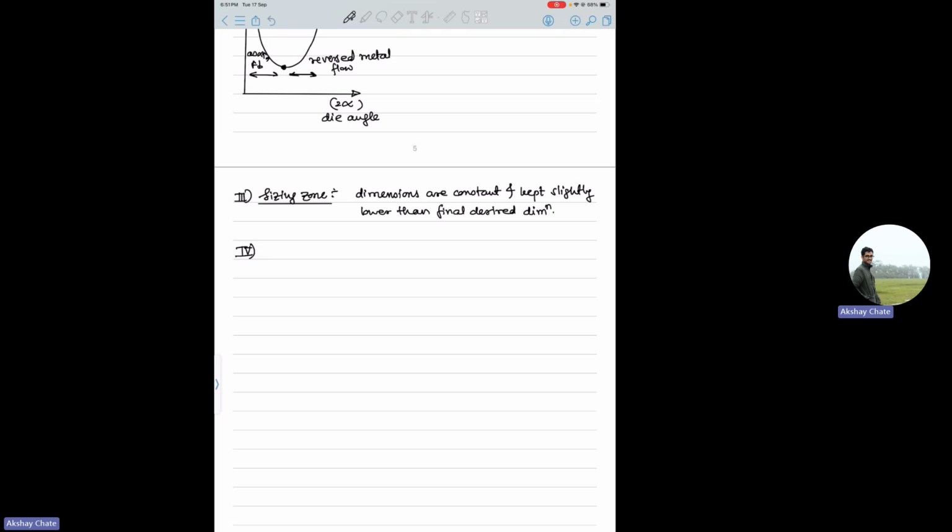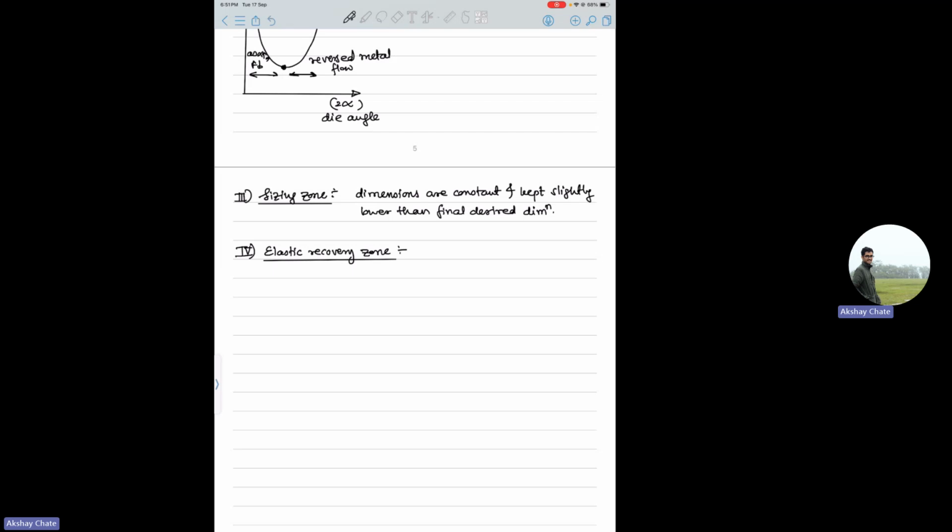Even though you have plastic deformation, there will be some elastic part associated with it.